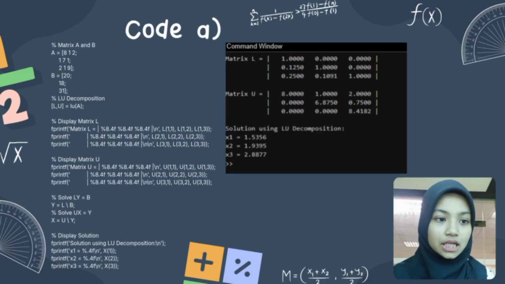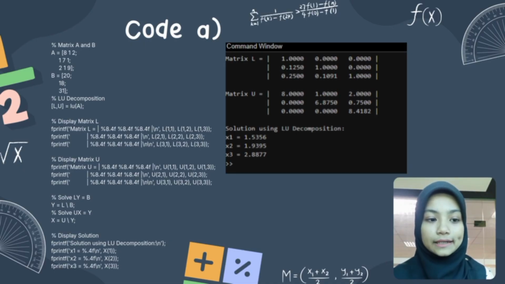For the MATLAB code for question A, we identify and key in the matrices A and B in the code, and then give the instruction for LU decomposition. Then display matrix L using fprintf, and then display matrix U. Then solve Ly equal to B, so y equal to L divided by B, and then solve Ux equal to y, so x equal to U divided by y.